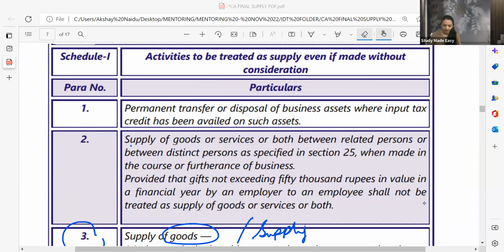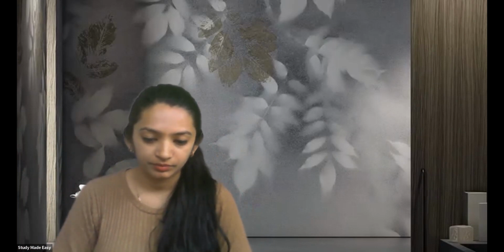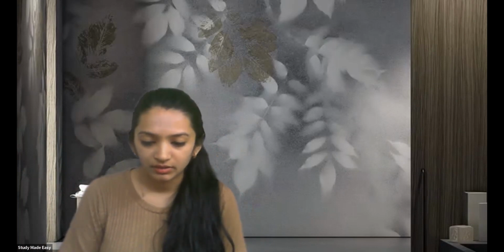Shall I start dictating? Now write only the words permanent transfer. We have to elaborate on permanent transfer. After writing that paragraph, now write only permanent transfer. To get covered in schedule 1, permanent transfer is needed.